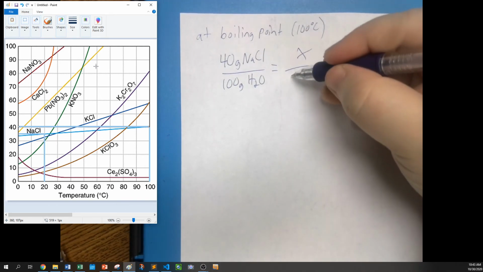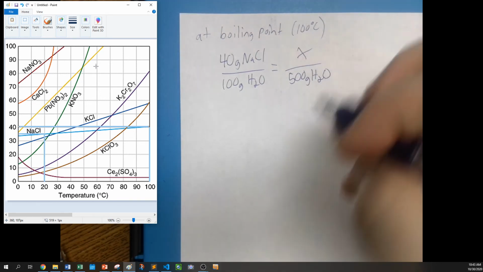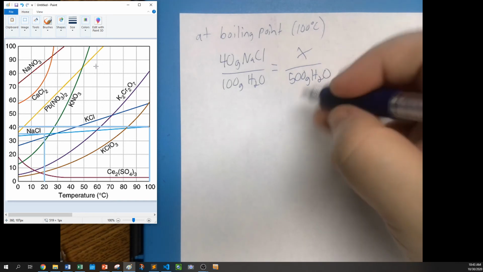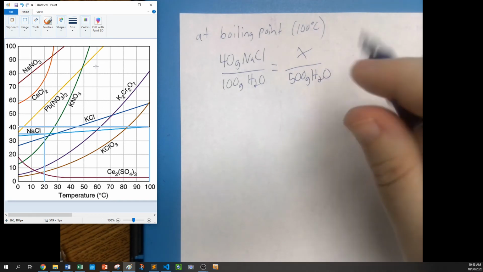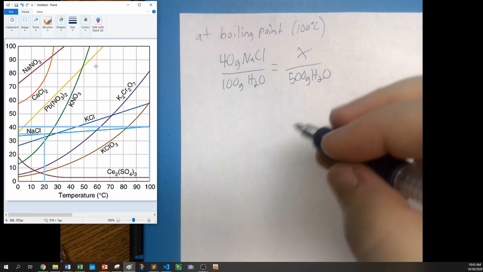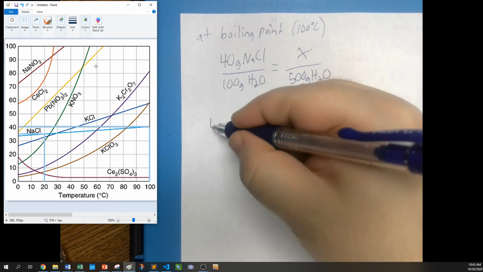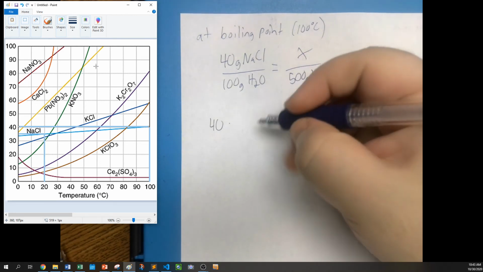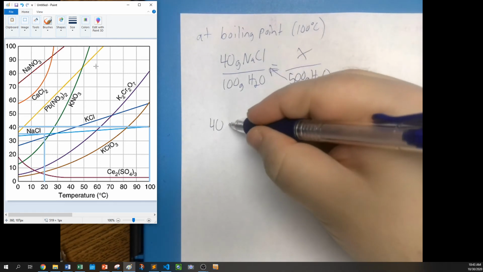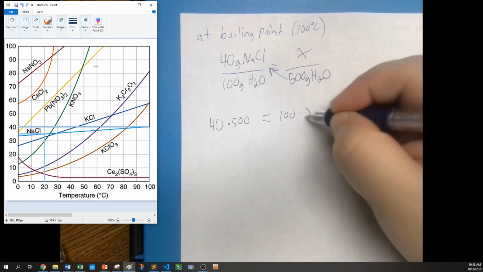Doing the same thing we did, going to 500 grams of water, cross multiplying. I highly recommend you keep units in and cross them out to prevent you from making mistakes. I, of course, don't make mistakes. So cross multiplying, 40 times 500 would be 100 times x.